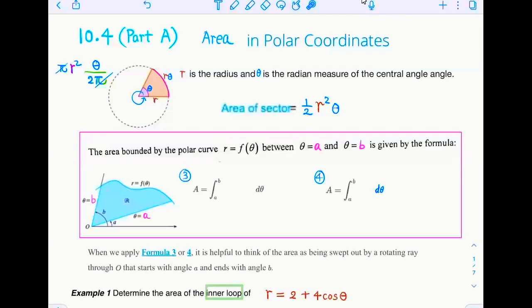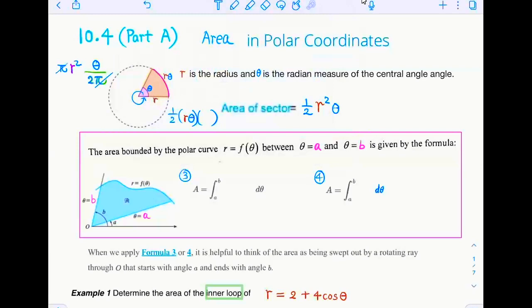Another way to think about it, and easy to remember, is to think of this as almost like a triangle. We know how to find the area of a triangle. It is 1/2 base times height. The base over here, you can think of as this arc length, which is r theta.